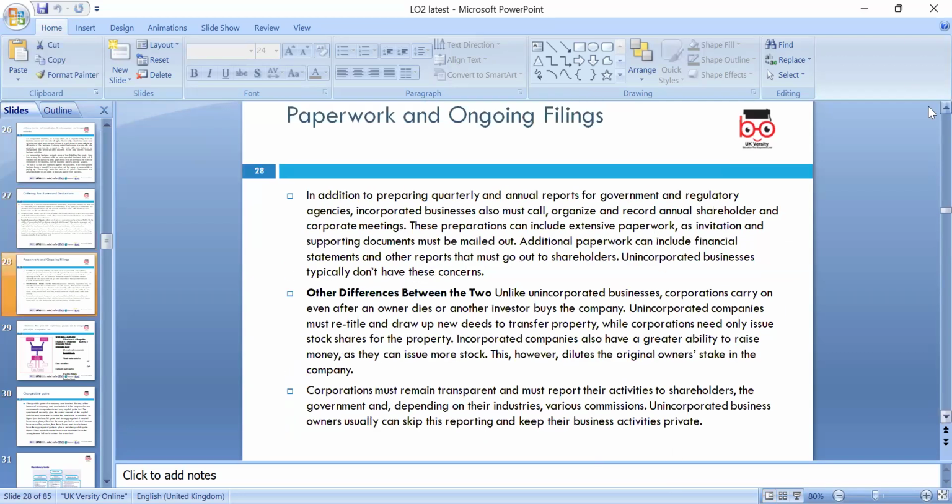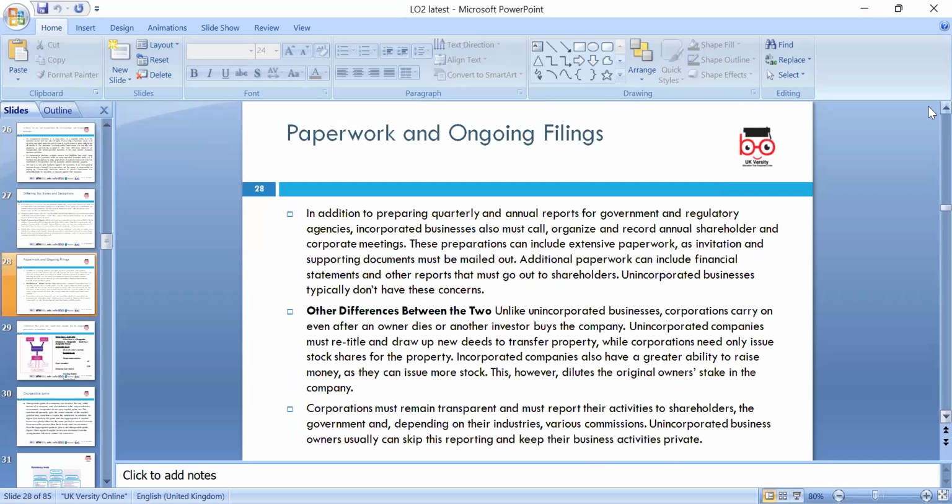In preparing the paperwork, we need to look at the quarterly and annual reports to the government and regulators. For VAT, reporting is quarterly, and depending on which scheme you use, annual accounting, cash accounting or standard reporting, every quarter. We need to make sure we understand the difference between the two. Unlike an unincorporated business, the corporation carries on even if an owner dies. An unincorporated company must draw up new deeds or transfer property, while the corporation needs to issue shares of the properties.